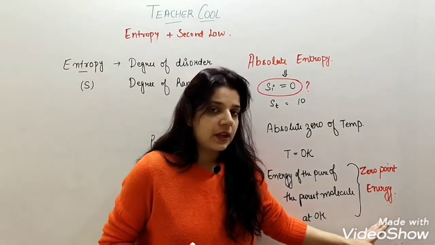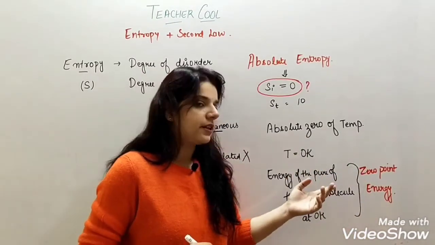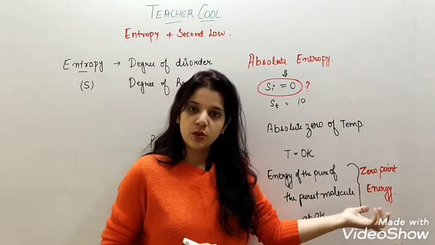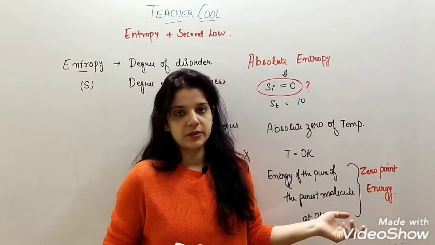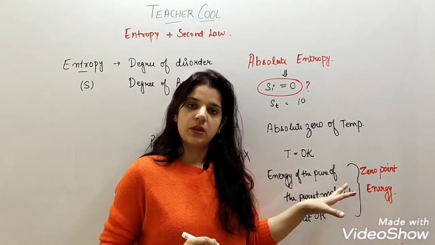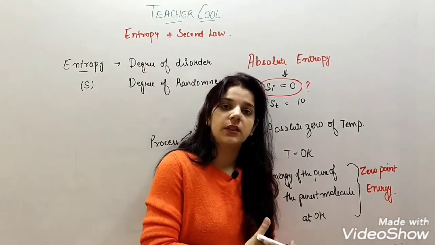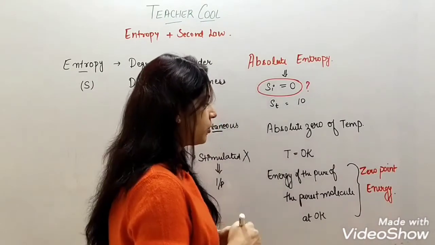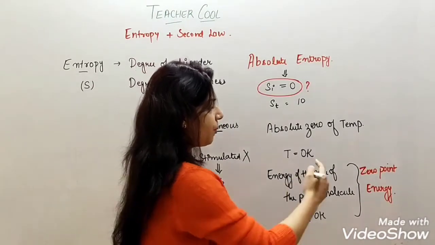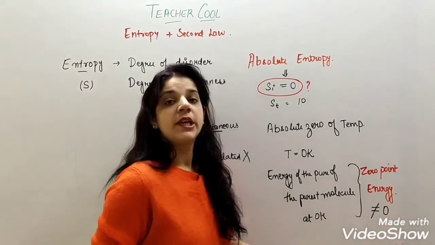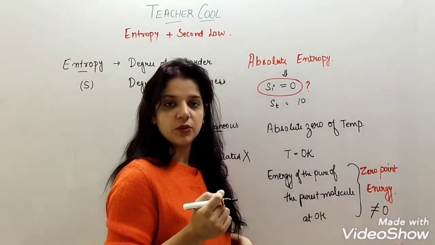And hypothetically or assumption wise or the predicted wise, this energy should be 0 joules or 0 calories because it is at 0 Kelvin. But when we get the experimental results, we come to a conclusion that even the 0 point energy is not equal to 0. It has some minimum value.